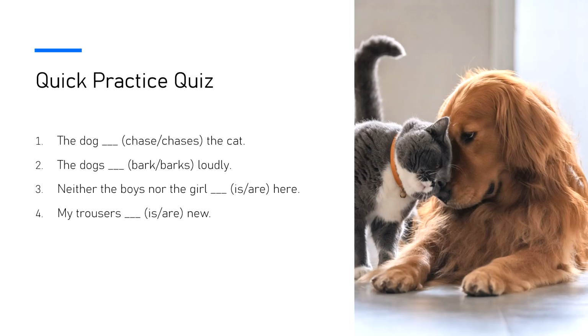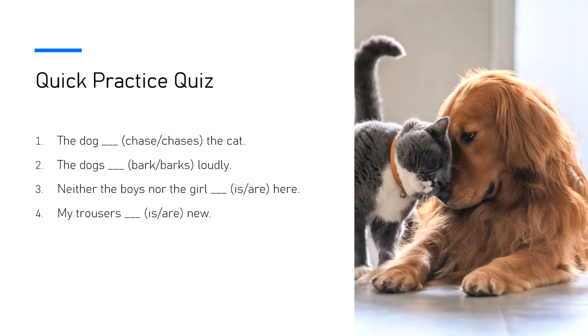All right, let's finish with a quick practice quiz. I'll read each sentence. Pause the video if you'd like to think before I reveal the answer. The dog dash the cat. Our subject is the dog, singular. So we add s to the verb.